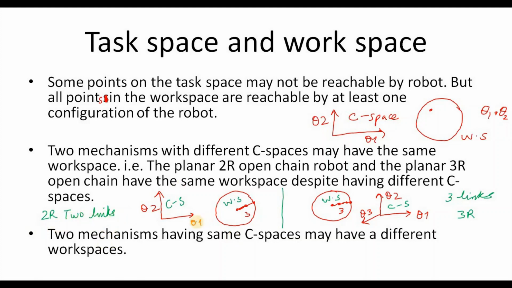For example, robot 1 is a 2R mechanism having two revolute joints, and it looks something like this.